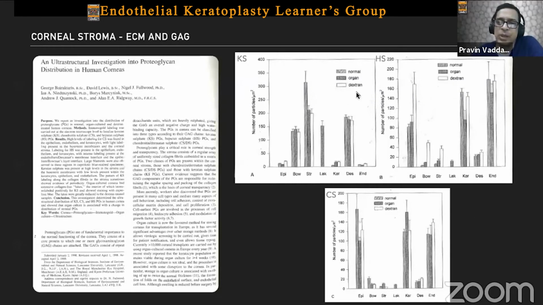What is interesting to see is that if you store corneas in various preservation media, especially organ culture and media that contain dextran, the percentage of these glycosaminoglycans tends to go down. And so it also alters the glycosaminoglycan concentration, and the swelling characteristics also tend to change.